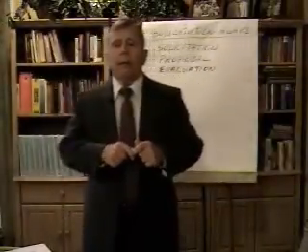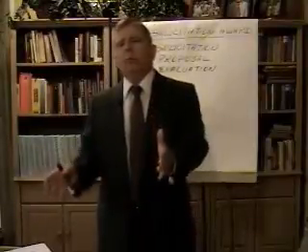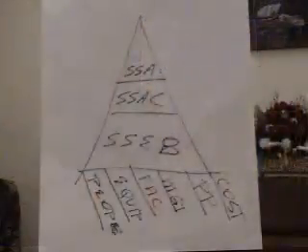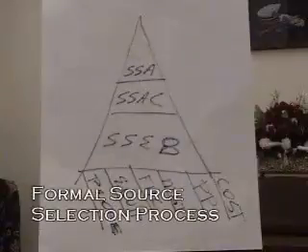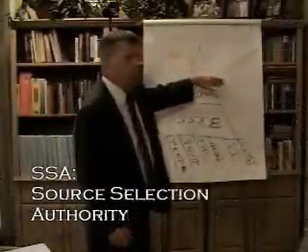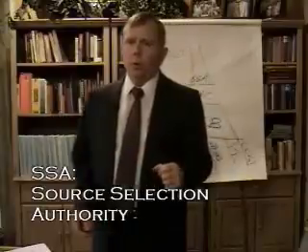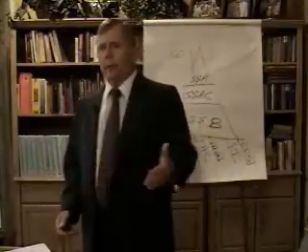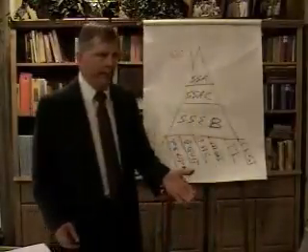We evaluate each one of the contractor's proposals to determine which best meets our requirements. In formal contracting procedures, we would use a formal source selection process. The source selection authority is the person that's given one-time authority to award this contract, determine which contractor is best going to meet our requirements and make that award to them.